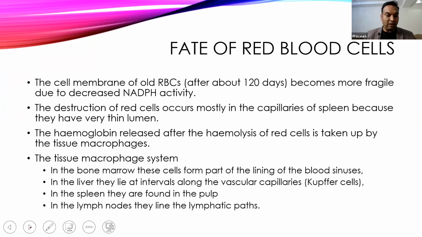Now what happens once the RBC becomes old? The red cell membrane becomes more and more fragile because of decreased NADPH activity. NADPH is required for the repair and healing of the red cell membrane.